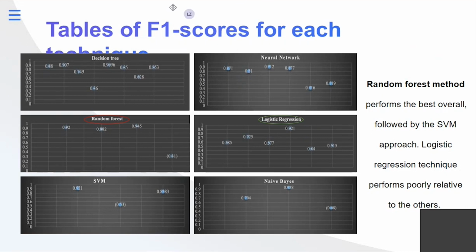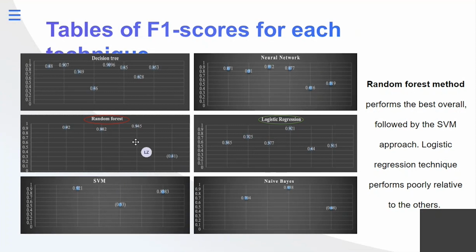This table presents the F1 scores for each technique, and the extreme F1 score data of article 16 is removed from the analysis because it yields the lowest score, lower than a random one. From the table, we can see that the random forest performs the best overall, followed by the SVM.